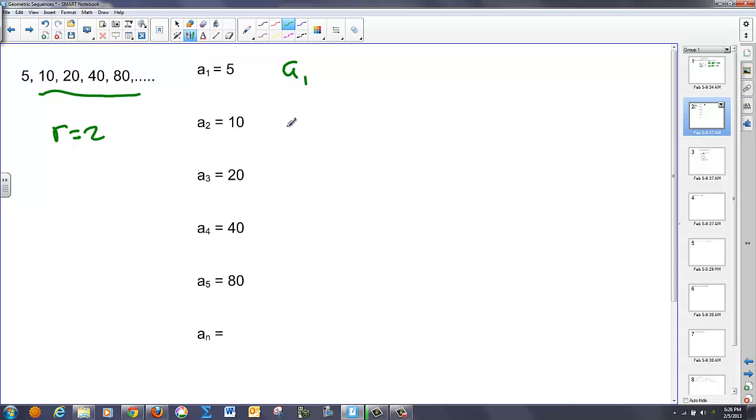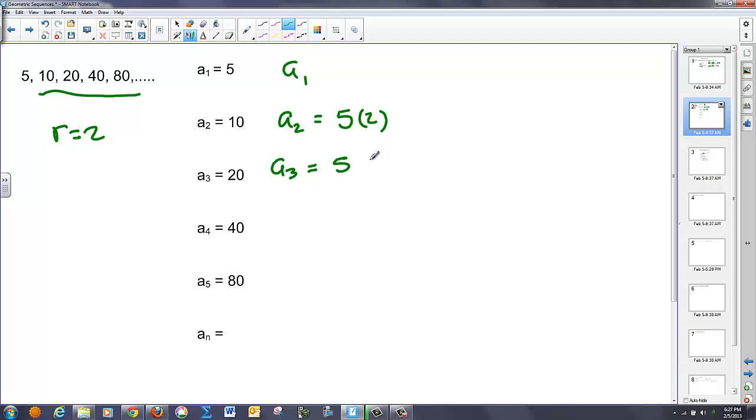And then to get to my second term, a sub 2, that's equal to my first term times 1 ratio, or in other words, 2. Then in the second number that I move to, or my third term, I use my ratio and I multiply by 2 again.